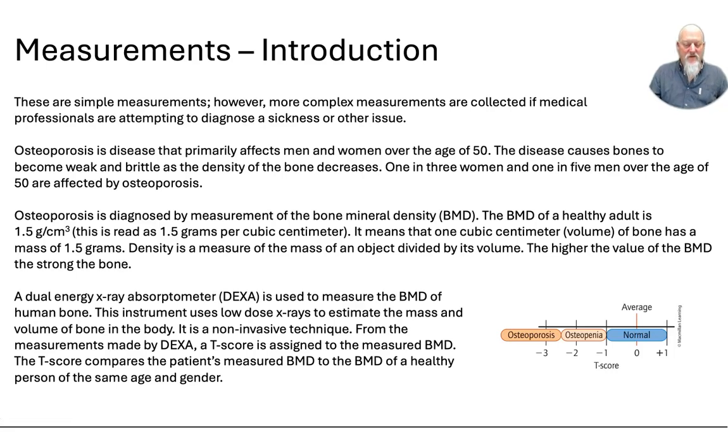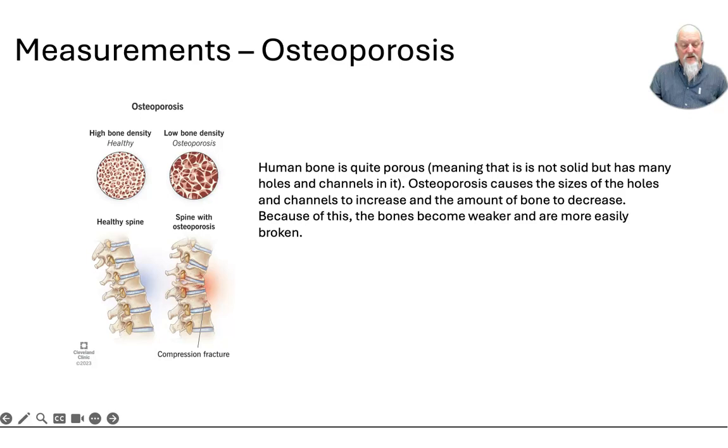Okay. If we want to go one step further and look at what the bone density looks like for osteoporosis, on the left here we can see high bone density, healthy density. Your bones are still very porous, but you can see there's much more bone mass there, whereas with low bone density, you get a lot more pores.